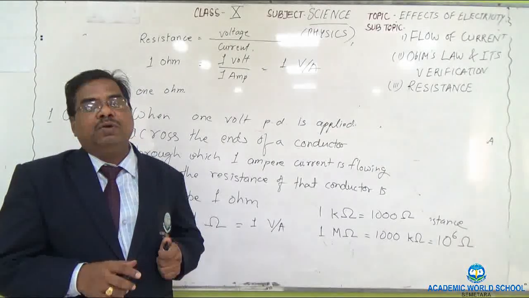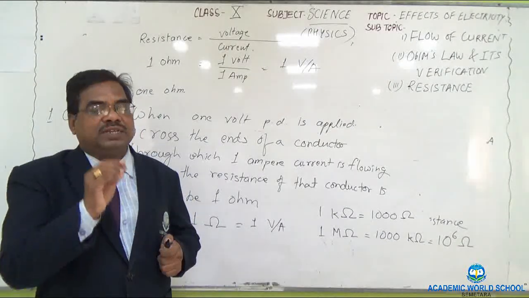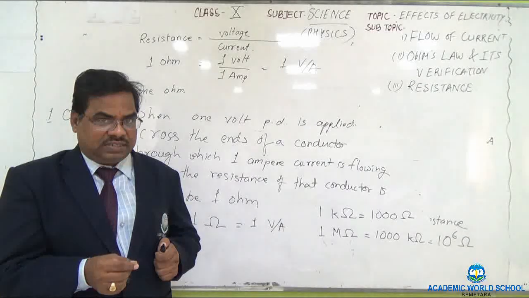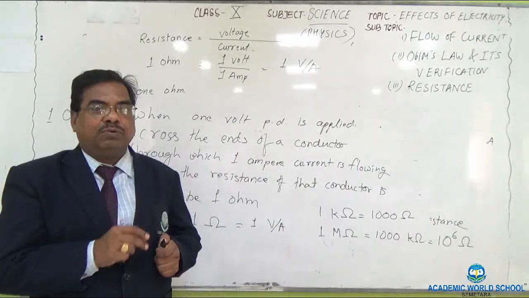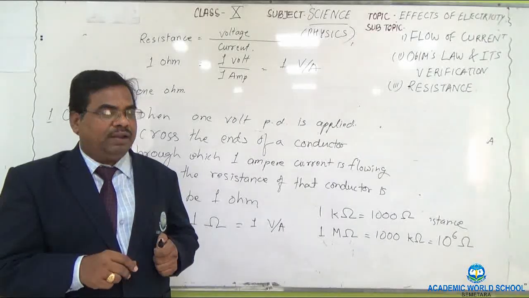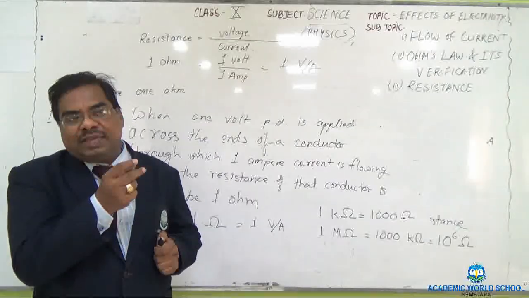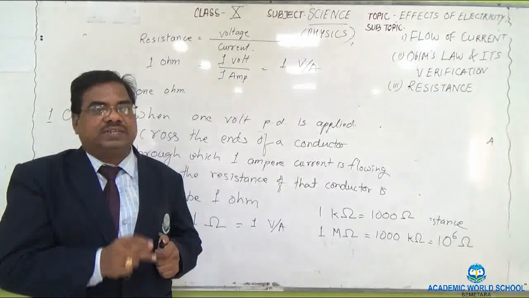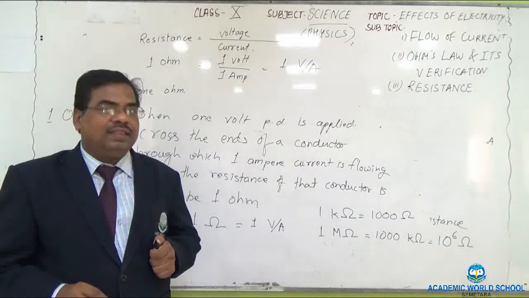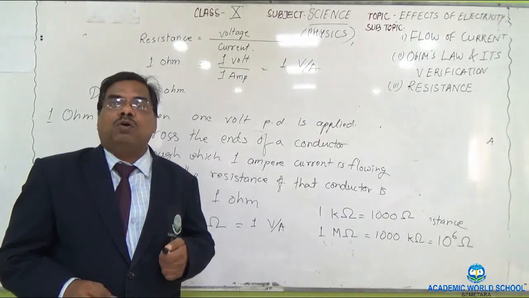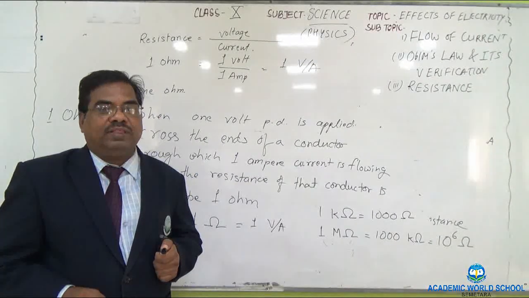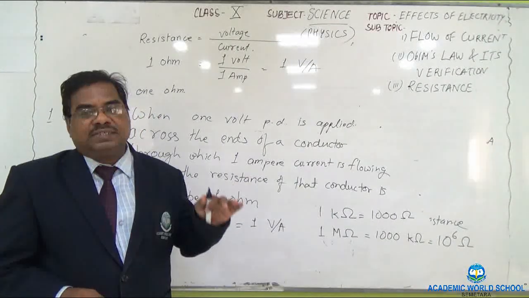At that time, you are using the least resistance or no resistance. But when you try to decrease the speed of the fan, then you are increasing some amount of resistance of that regulator. In that way, you decrease the current which flows in the coil of fan, and in that way the fan decreases its speed.